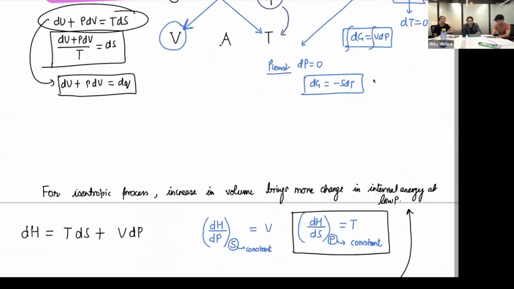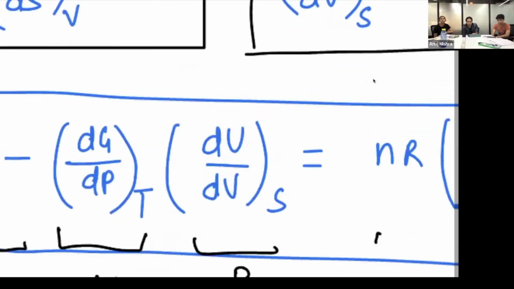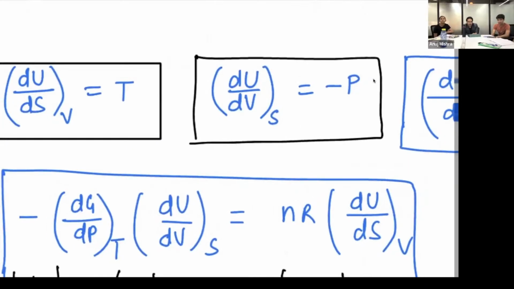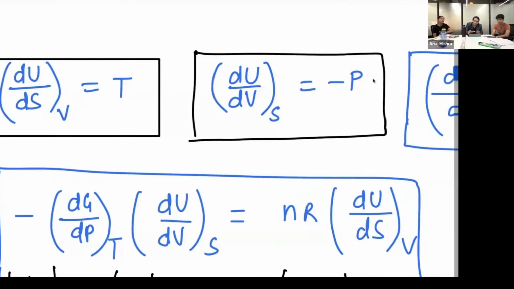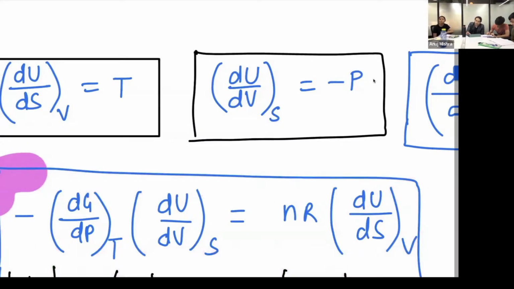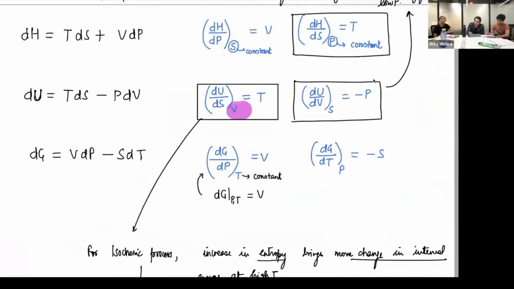Done. Next part. Write one more relation. लिखो ये relation. Lower one, this one, blue one. Please write down this result. See, previous one is at constant volume, S increase will bring more increase in U if T is high.